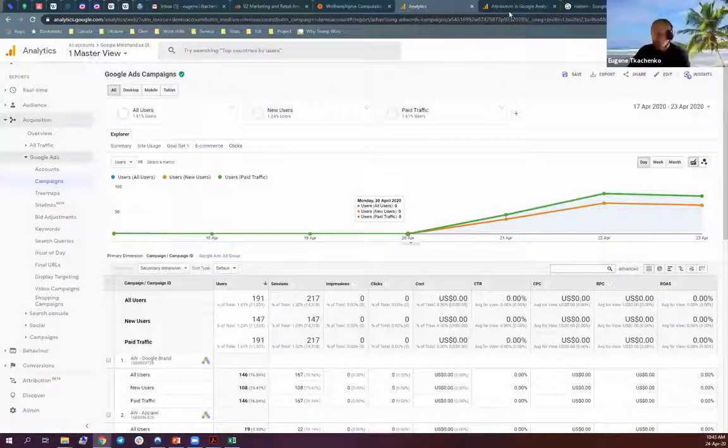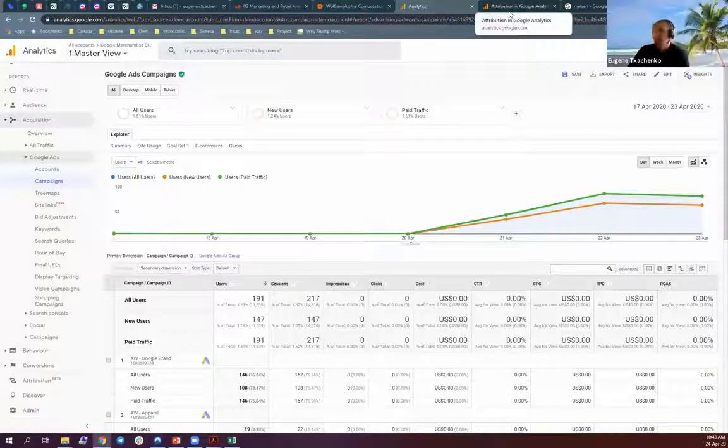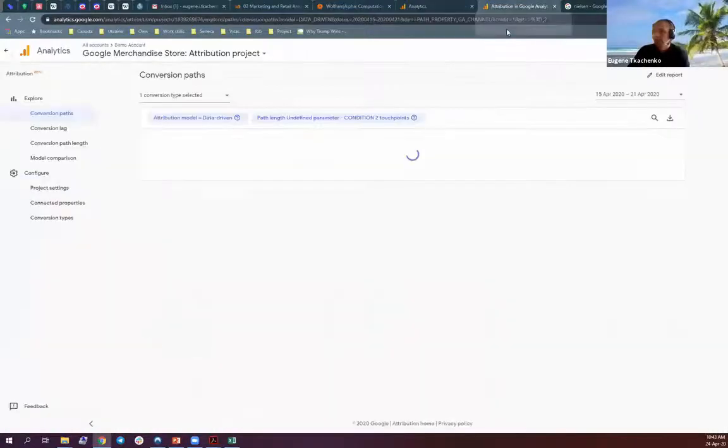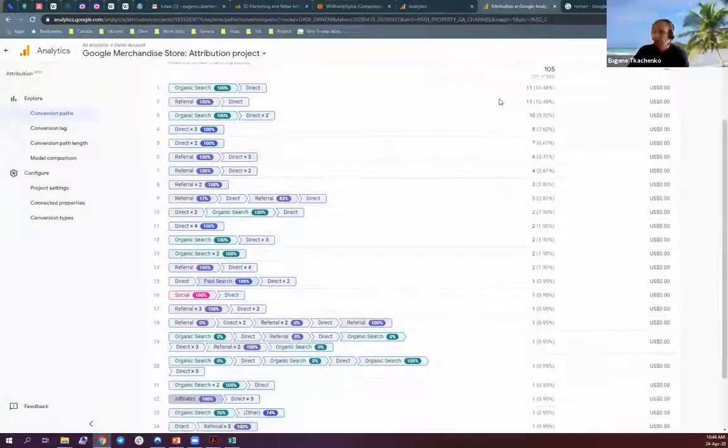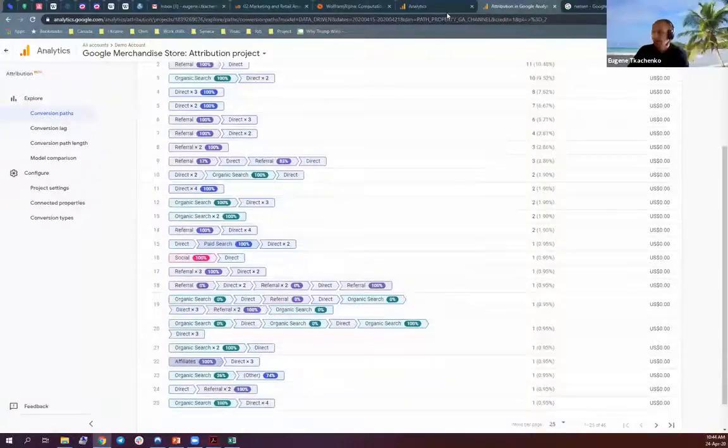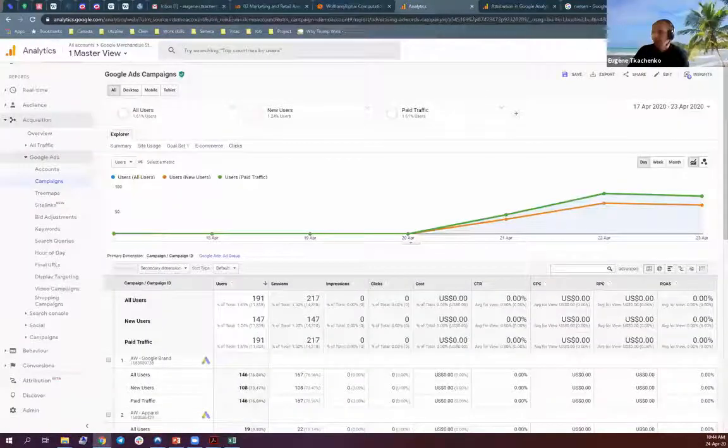But essentially, I always want you guys to pay attention to other possible alternatives, because we want to make sure that, first of all, this information is being considered, and secondly, that we understand the differences in numbers between our reported conversions in, for example, Google Analytics versus Google Ads.